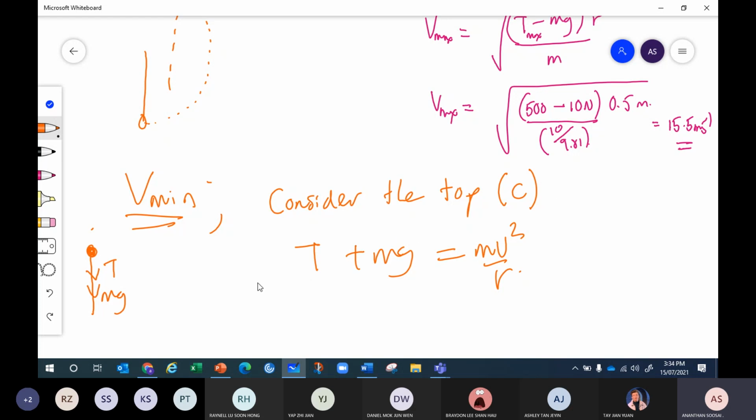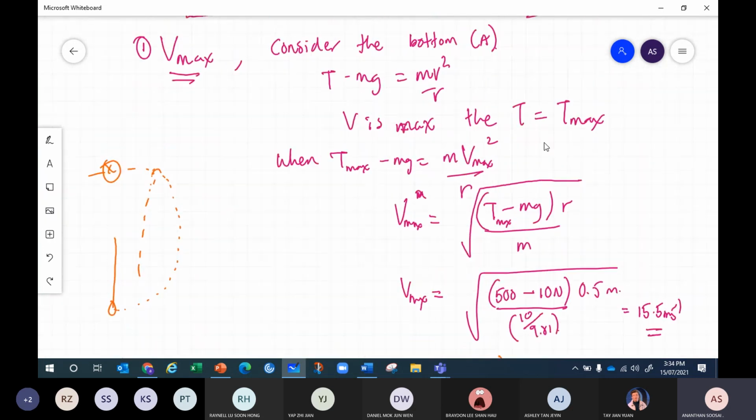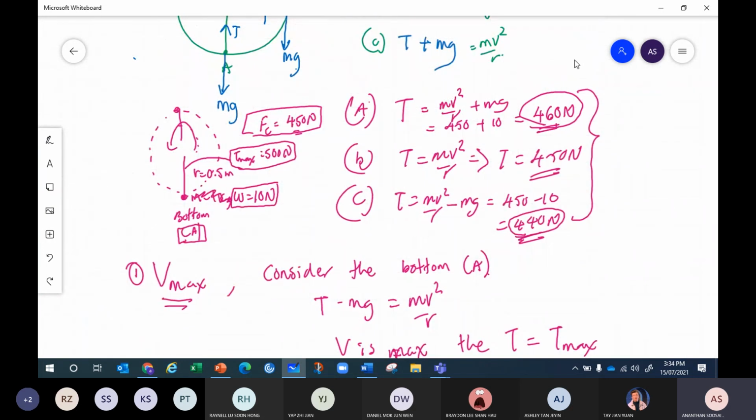Okay. So now we're going to give a statement. When V is minimum, what becomes 0 Newton? When V is minimum, when you roll it to the top, you go to the first case, you see, temporarily.